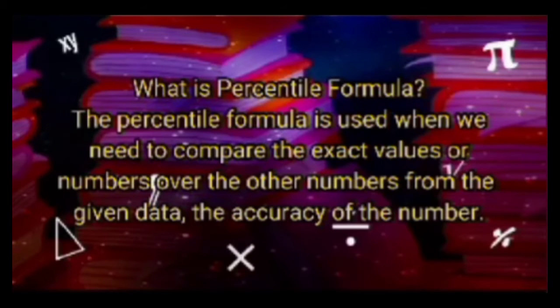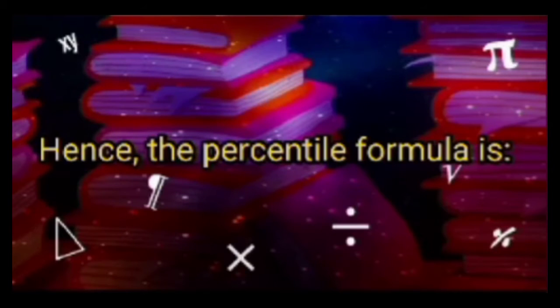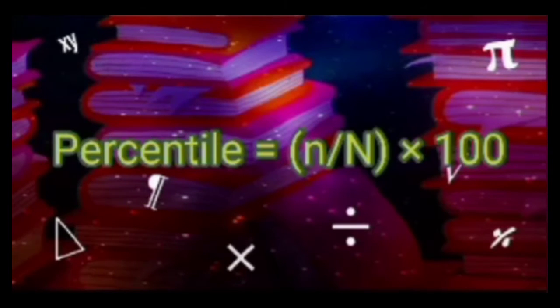What is the percentile formula? The percentile formula is used when we need to compare exact values or numbers over the other numbers from the given data. Hence, the percentile formula is percentile equals n divided by N times 100.